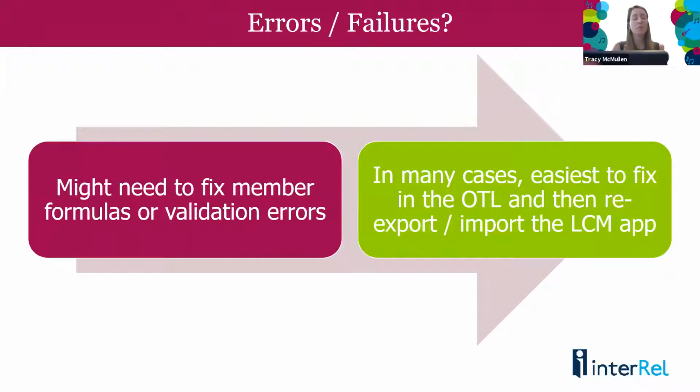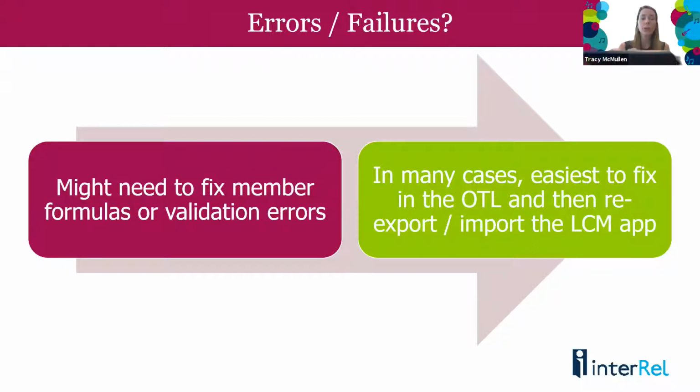Now, what likely is going to happen, you might need to fix a few different things. So there's a validation process that's going to go through just to make sure that the cube is intact. What I've found is that sometimes there are some member formulas that for whatever reason are not having an issue validating on the Essbase server, but you come in and you can address the member formula issue. In many cases, as soon as you do the import of, let's say, that LCM zip file, and it fails, it'll stop at the point that it's at.